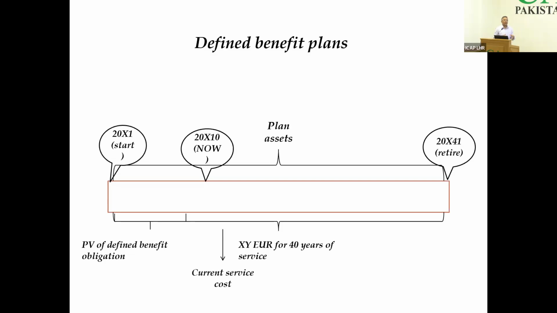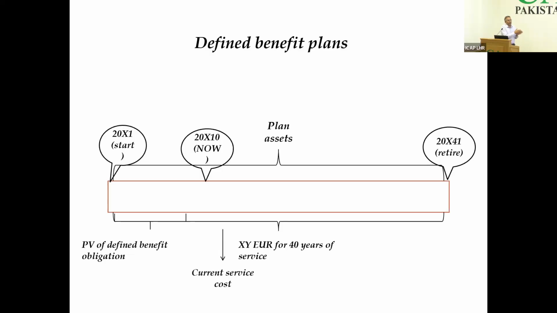So it's the present value of the benefit earned by an employee during this year. Clear? And then what is present value? Now the employee has completed 1 year. So in this year, the present value of defined benefit liability and the current service cost are the same.